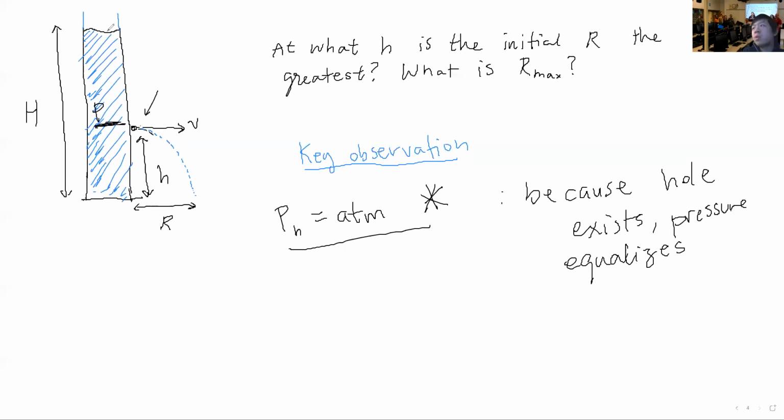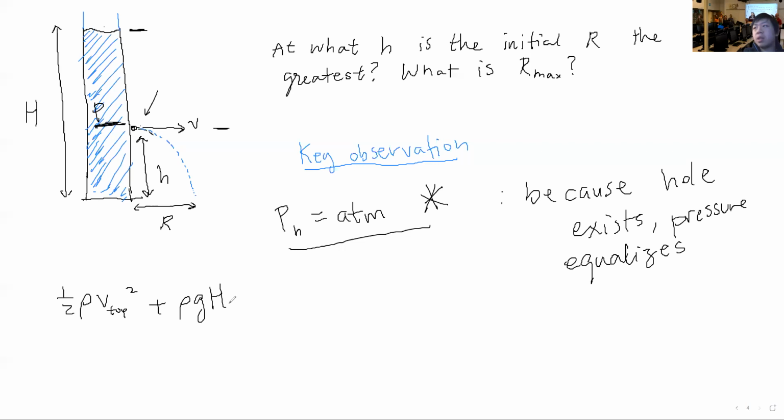Now, what I'm going to do is compare the Bernoulli equation at the top of the container and where the hole is, right? So we have half rho v top squared plus rho g h. Well, this h is going to be big H, right?